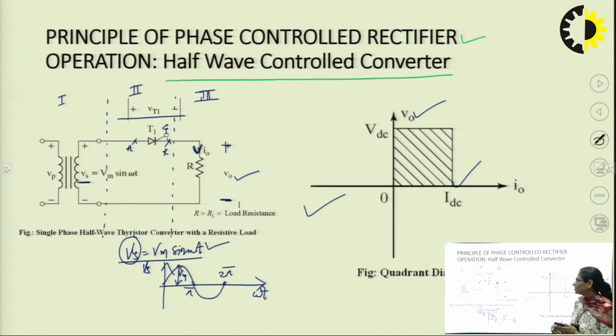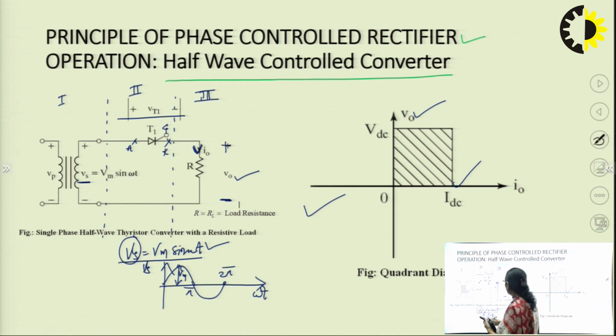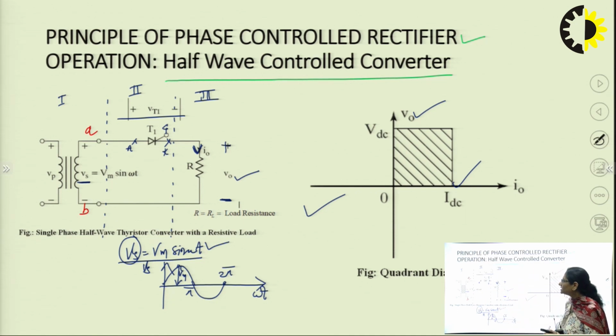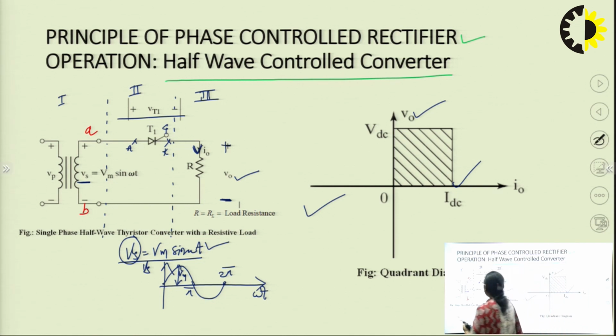So, during the positive half cycle of the source voltage, let us assume we have got two terminals, terminal A and terminal B. Assuming that terminal A is positive with respect to terminal B, as this is an alternating supply.